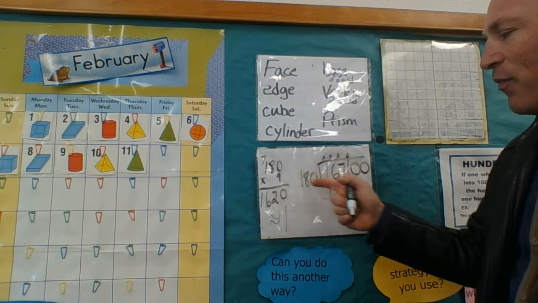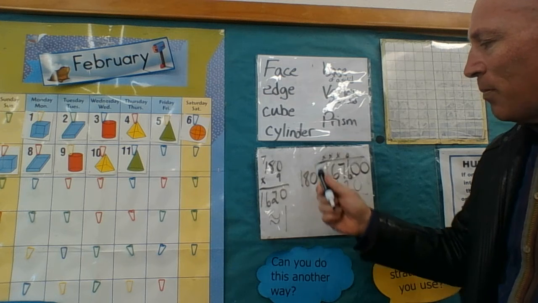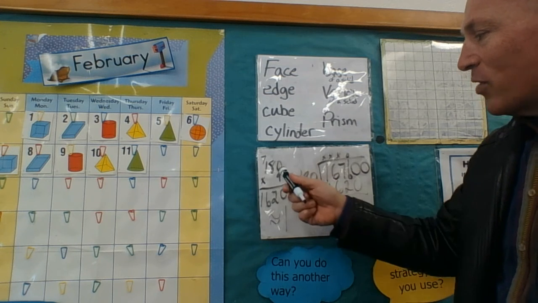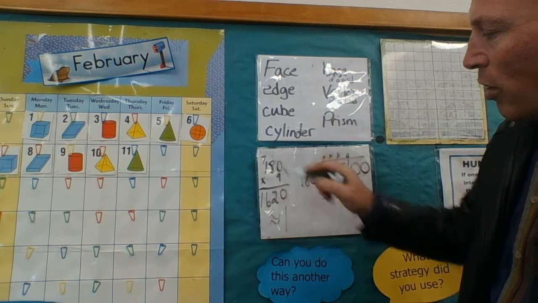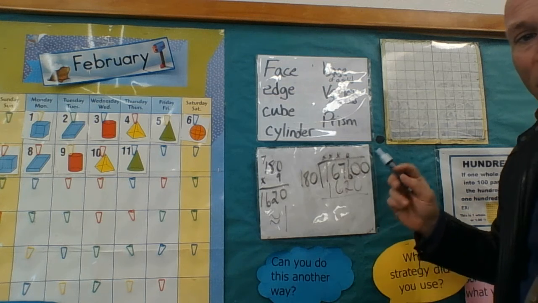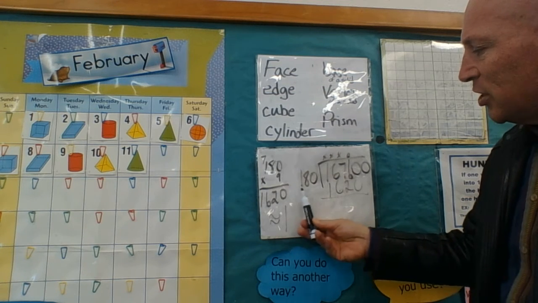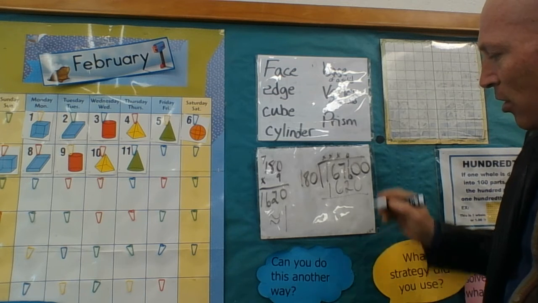Do you see how front-end estimating really can save you a lot of time and get you very close to the mark? Every time I've done it, it's been right there. Well, this time it was at a 10, so we knew that we could just go a little bit lower. So please make sure that when you're dividing with multiple digit divisors, you estimate, and it will save you a ton of time.